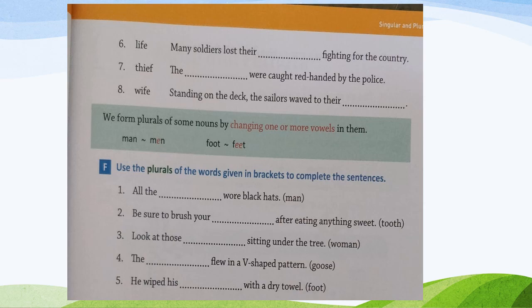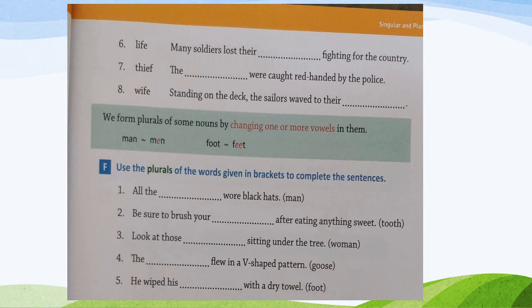Go to the next page. Exercise F. Use the plurals of the words given in brackets to complete the sentences. Now here, if you see the words in brackets, let's read them. Man, tooth, woman, goose, foot.